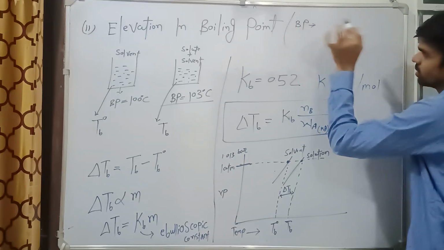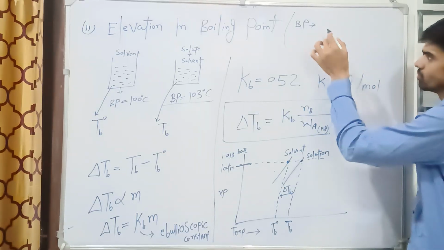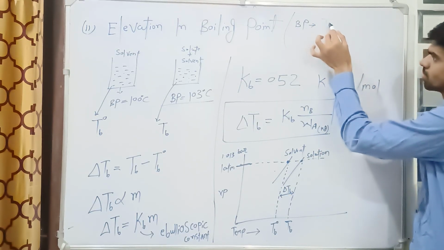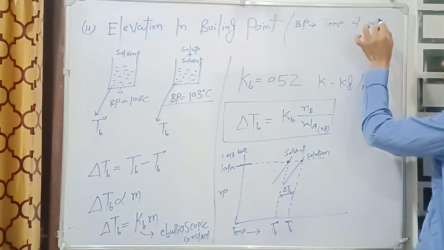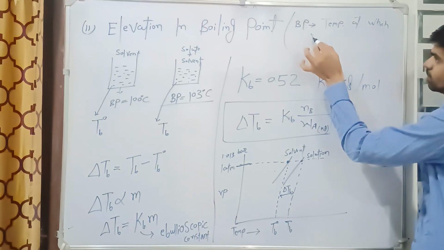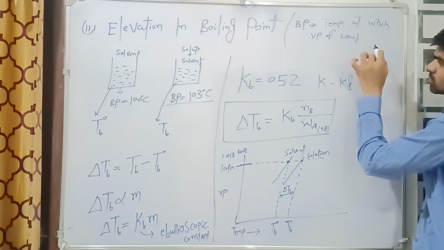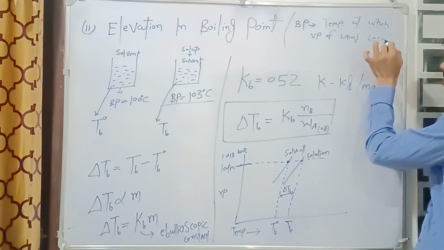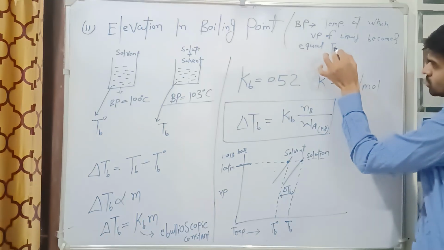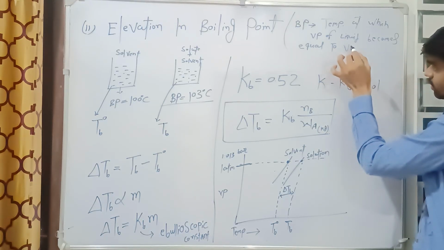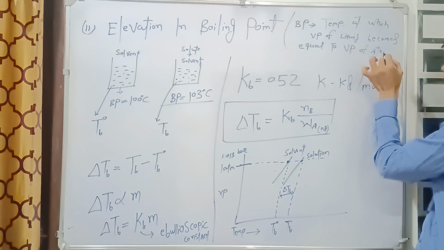Boiling point is the temperature at which the vapor pressure of liquid becomes equal to the vapor pressure of atmosphere, that is 1 atm.